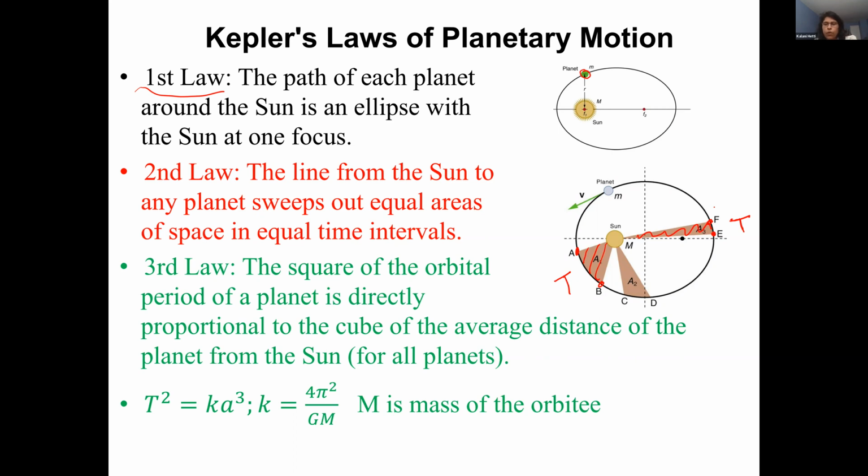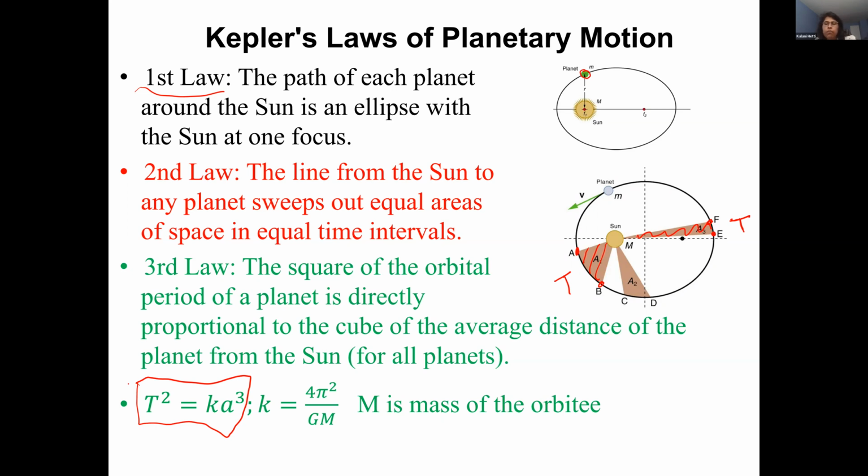The third law is a very important law. The third law says that the square of the orbital period of the planet is directly proportional to the cube of the average distance between the sun and the planet. That means T squared is proportional to a cubed. This constant, 1 over k or k, is sometimes called the Kepler constant. But according to Kepler, this k value is just 1.